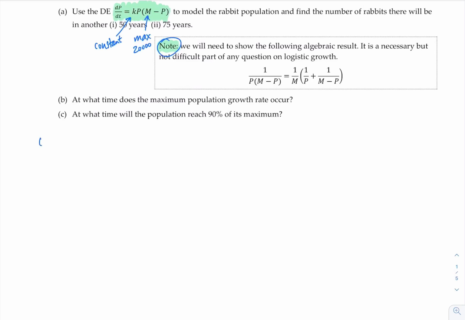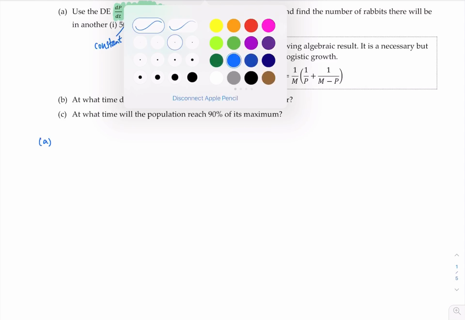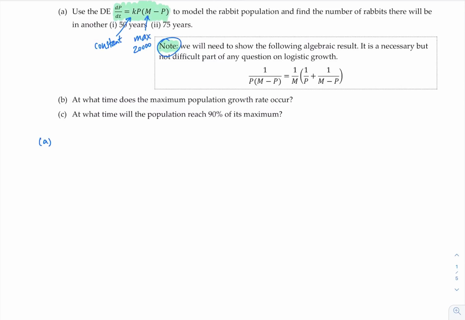All right, A. So we have dp/dt equals that. So taking reciprocal, I'll put the 1 on k separate.